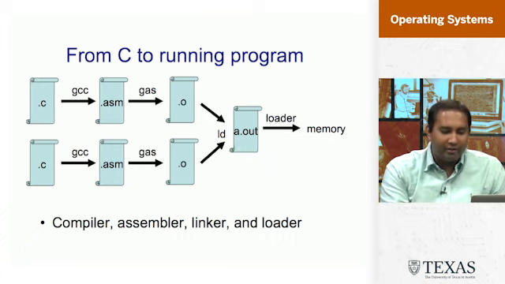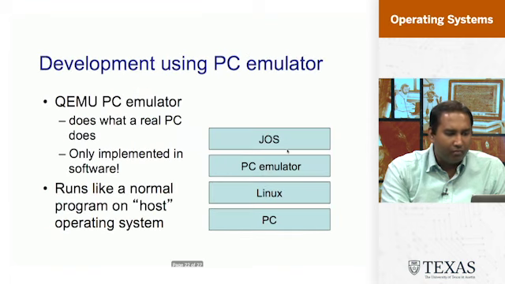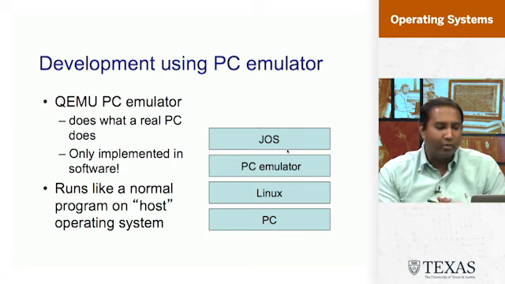Your loader then takes a.out and puts it into memory, and by setting things like the instruction pointer, that's how it's telling the processor this is what you should execute. So these are the different stages that a compiler and assembler and so on do to get you the final executable for memory.